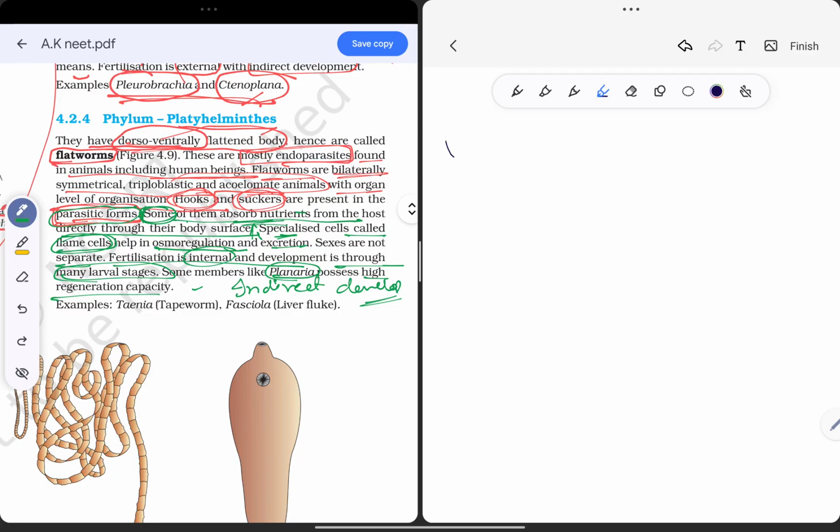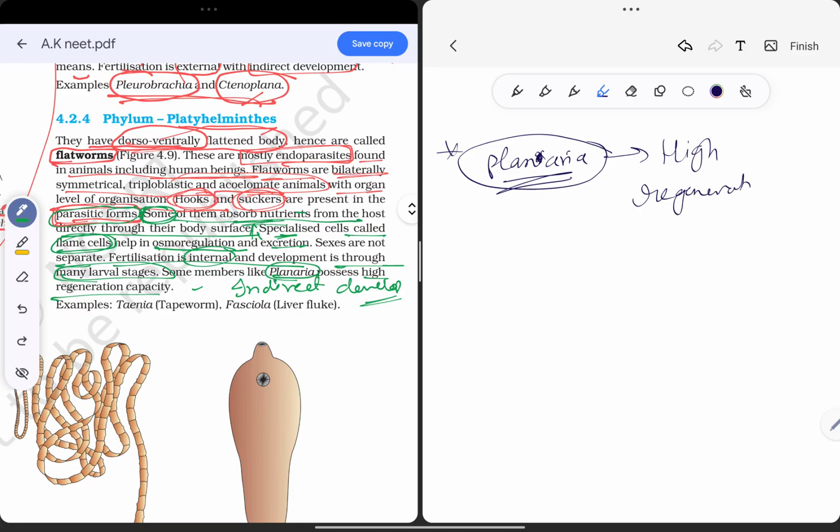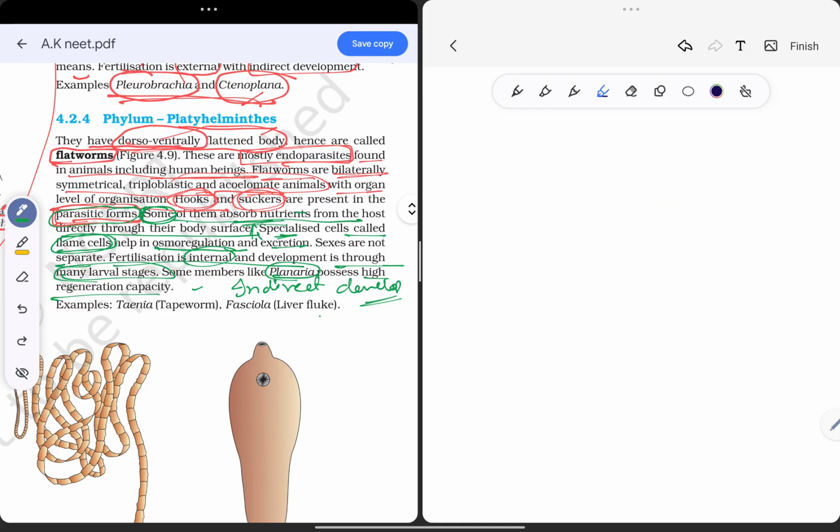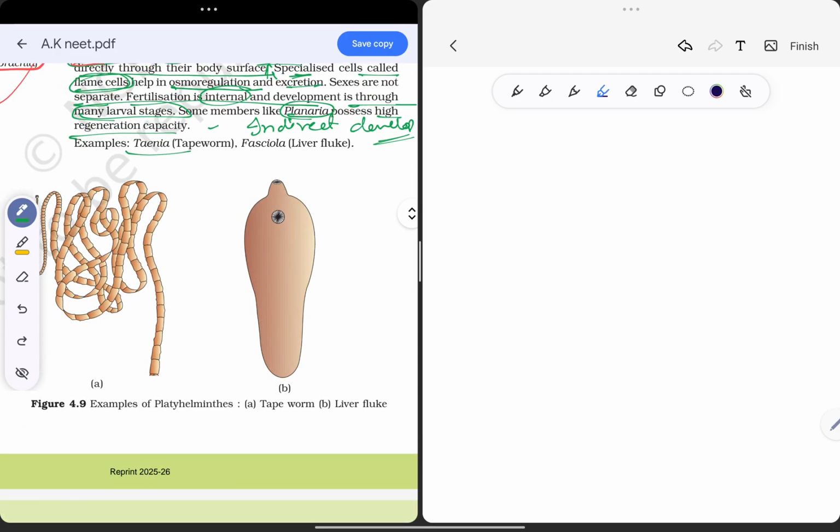A question which has been asked for many years: Planaria is the one belonging to the phylum Platyhelminthes and has high regeneration capacity. Examples: Taenia and Fasciola.